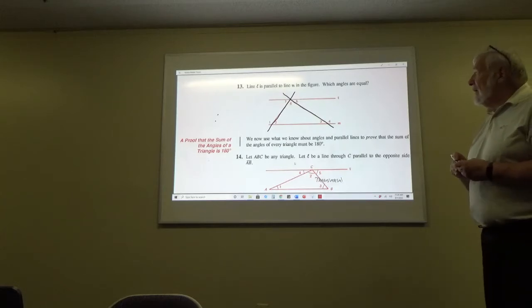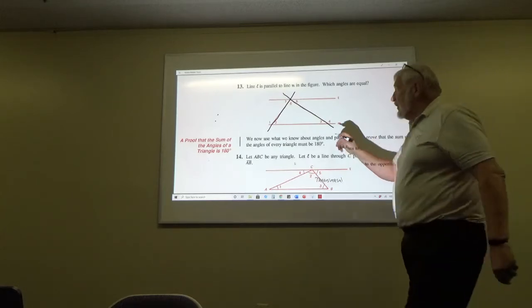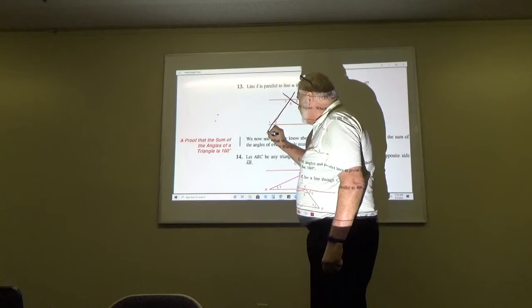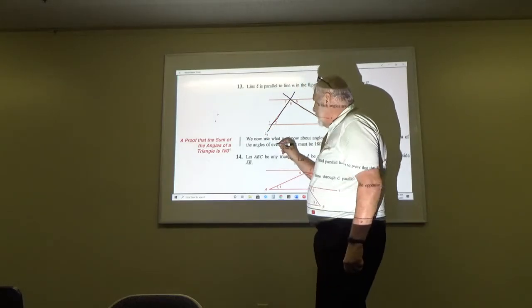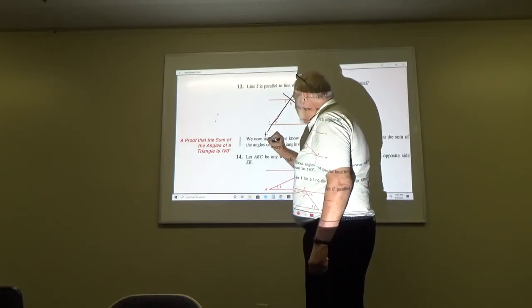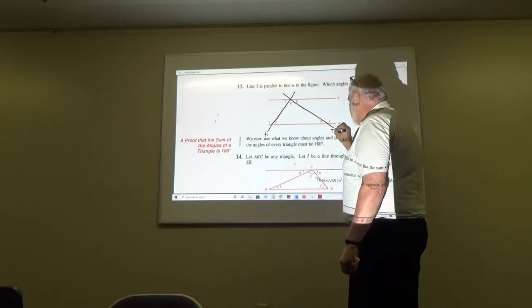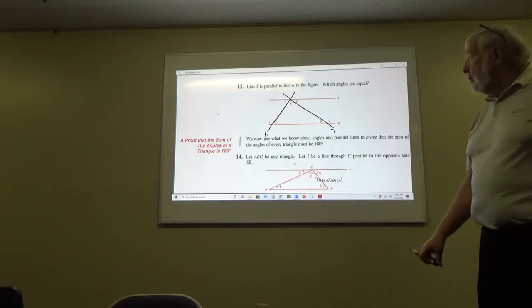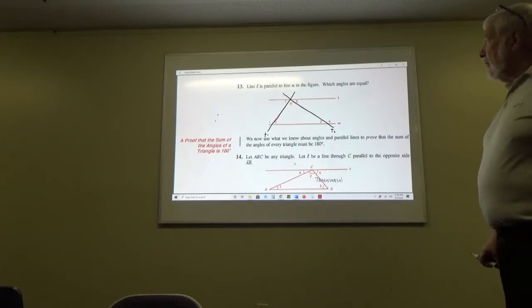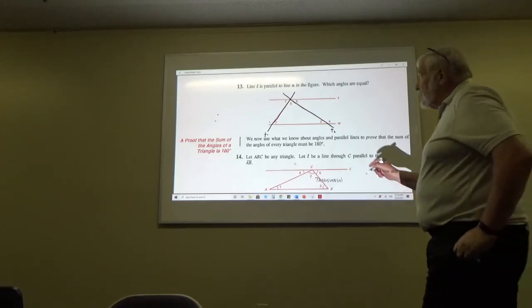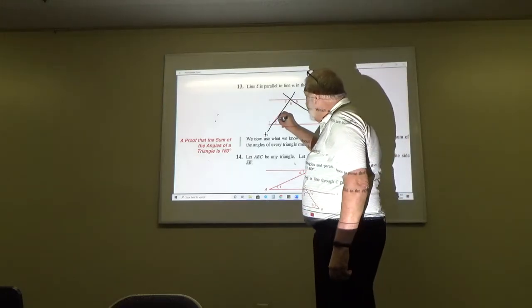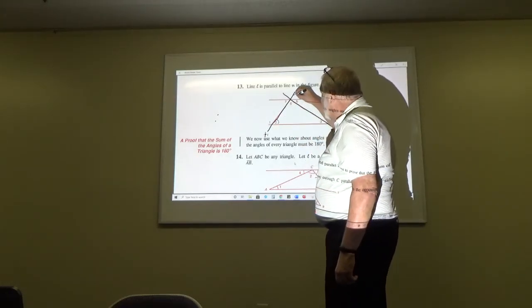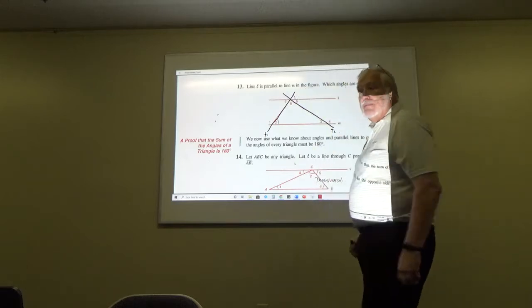Now, with this first transversal, let me call it T1 for transversal. That's T1, and this is T2. For T1, where do you find the corresponding angle with 2? The corresponding angle with 2 is here, and the corresponding angle with 2 is there.